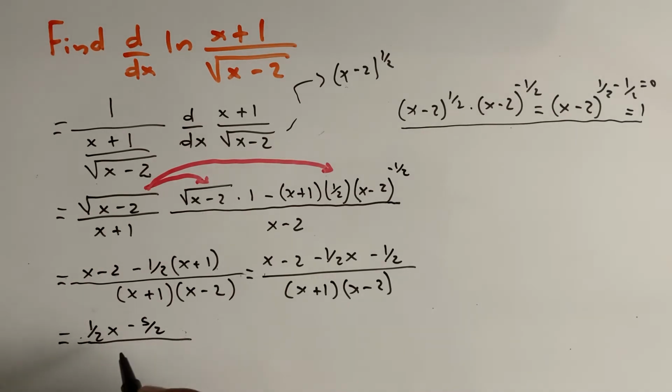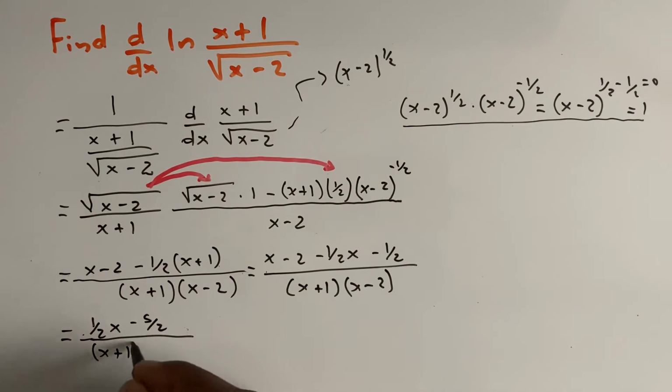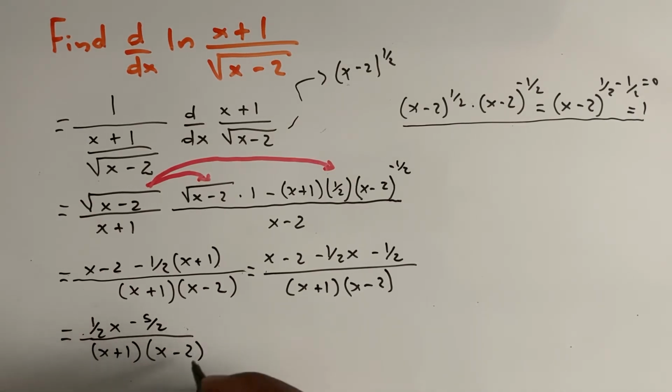So that's over x plus 1 times x minus 2.